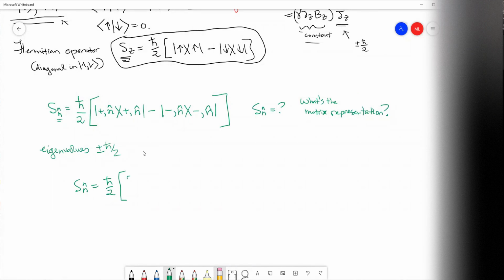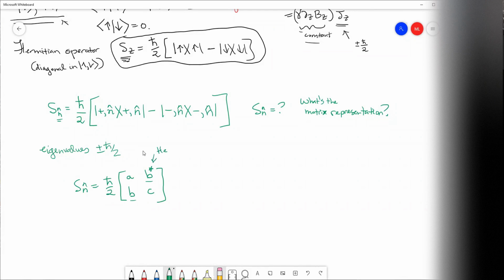So in general, you could put any constants here, and let's just try to figure out what they have to be. So we can put arbitrary constants. These have to be complex conjugates of each other because it's Hermitian, right?